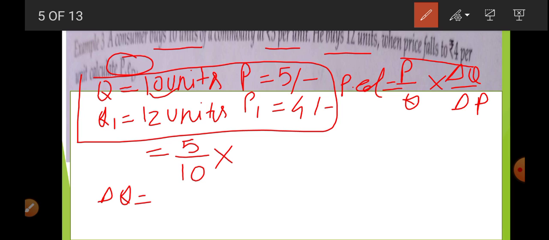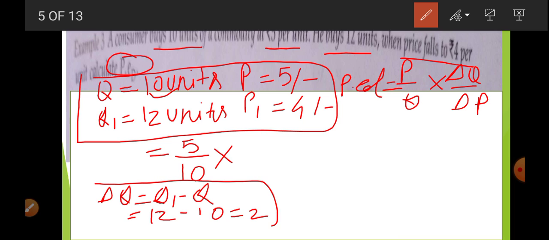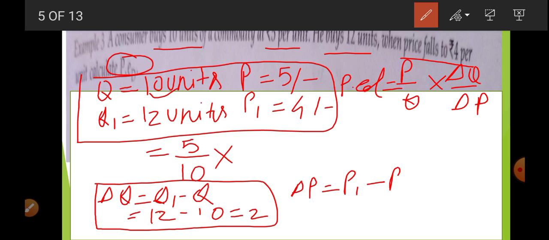Del Q is equal to Q1 minus Q. Q1 is 12 and Q is 10, so it will be 2. This is the value of del Q. Now we are going to calculate del P. It will be P1 minus P, that is present price minus previous price.